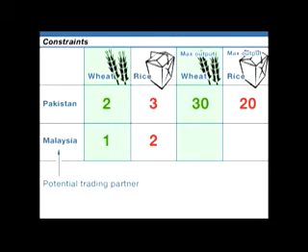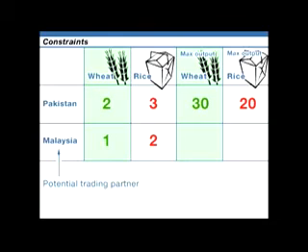Notice that Malaysia has an absolute advantage in the production of wheat. That is, Malaysia can produce wheat with fewer workers than it takes to produce wheat in Pakistan. Malaysia is therefore better at producing wheat. They can make more with less, and therefore we say Malaysia has an absolute advantage in the production of wheat.